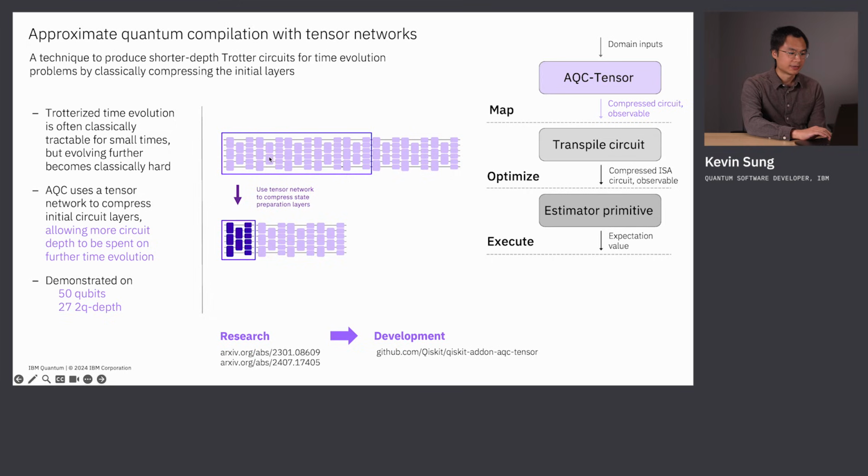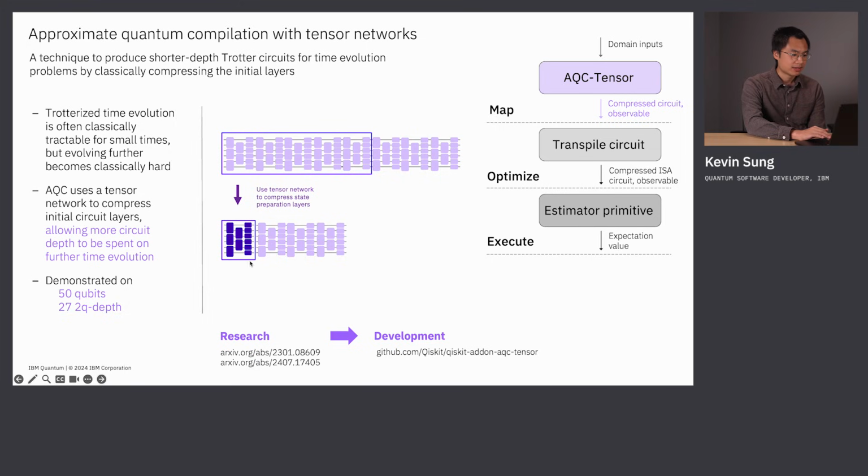Now, the way that AQC Tensor works, the idea is you can think of yourself as having a circuit that has a number of gates, except maybe it's too long. With noisy quantum processors, the gates have errors, so if we execute too many gates, then we might lose all of the signal in our computation. So what we're going to do is take some initial portion of the circuit and compress it to create an equivalent circuit, or a nearly equivalent circuit, that has fewer gates.